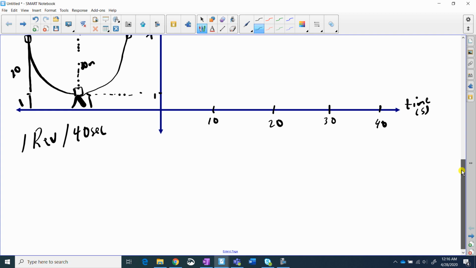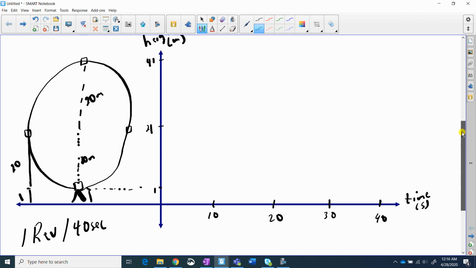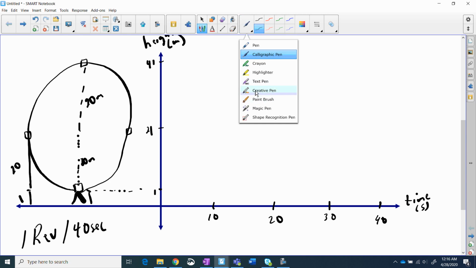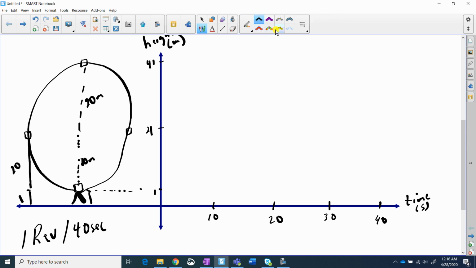We're now going to imagine that a person got on this wheel, and we're going to map their path and put a dot where they would be for each one of their stops. They're going to start here.